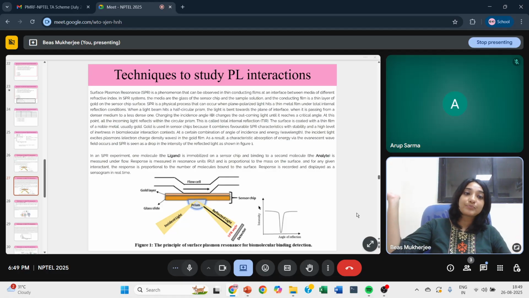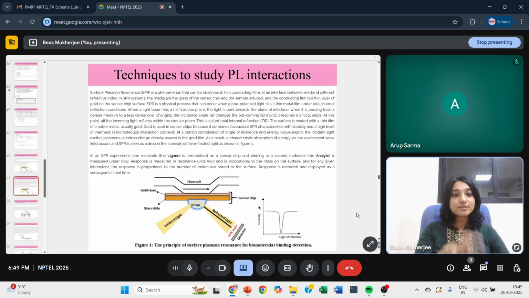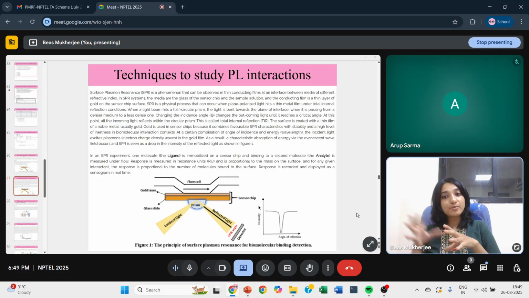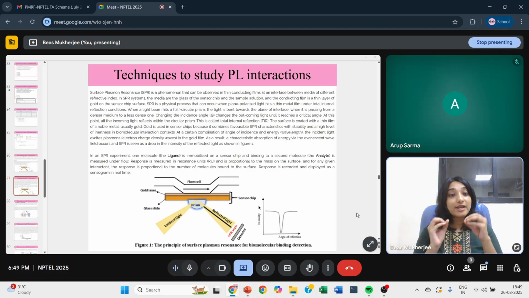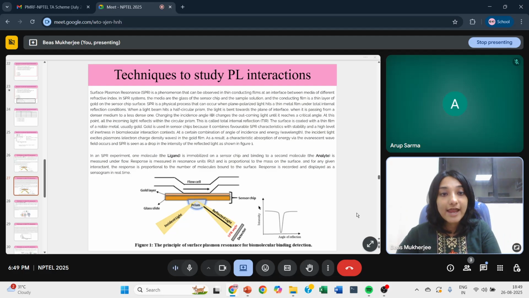And when this plane polarized light comes and excites these electrons, especially plane polarized light is required because the excitation should be such that these electrons get excited and they travel. Okay, and these excited electrons are called plasmons.